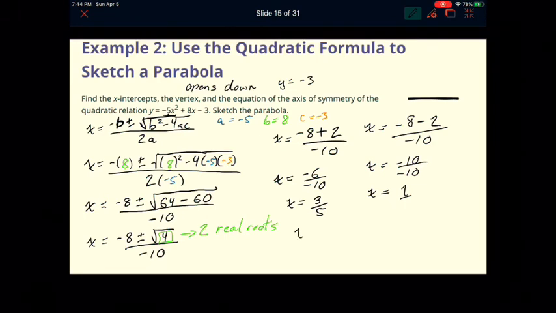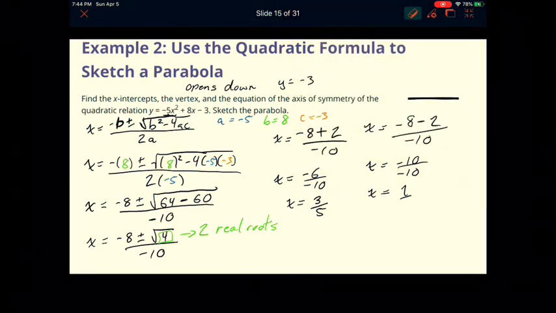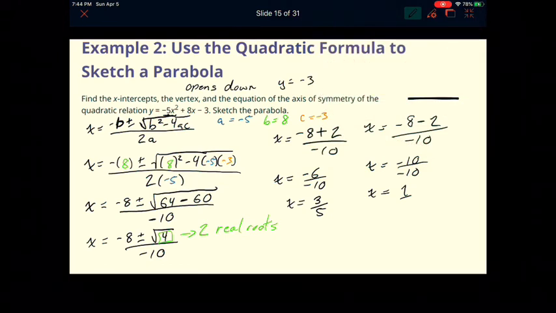You could also say x equals 0.6 to make it a little easier if you want to do that. So that is kind of our first part. Those are the x-intercepts. So therefore, let's use pen instead of eraser.